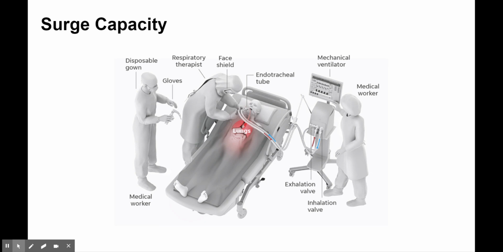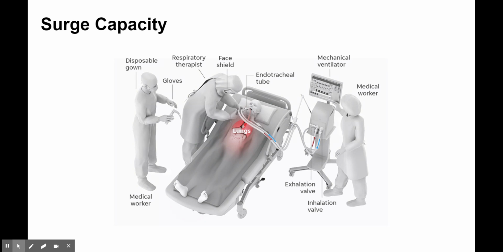And we don't just have millions of ventilators kind of just lying around. There's a certain number of them. There's a certain number of people trained in using them. There's a certain number of hospital beds. And if everyone got sick and needed them all at once, this is like a big tidal wave or like a surge. And the ability for medical systems to withstand that is the surge capacity issue.